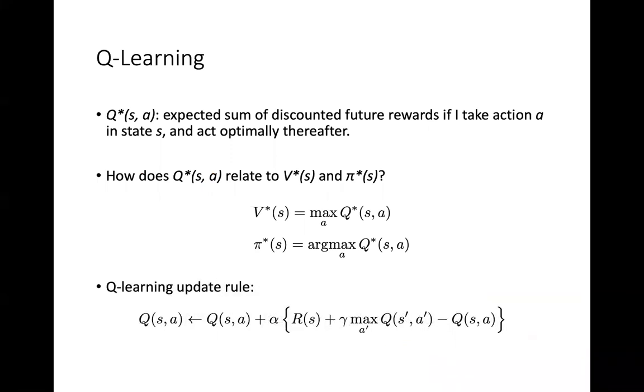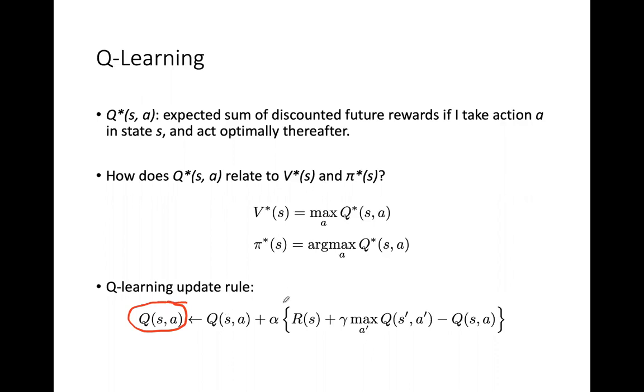Specifically, at all times, I maintain my current estimate of Q(S,A). So imagine a giant lookup table, which tells me for every state-action pair what the value is. I maintain some running average. And every time I observe a new transition, I incorporate that into my running average, right? So that's what's going on here.